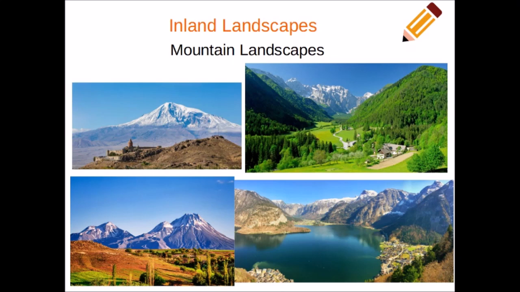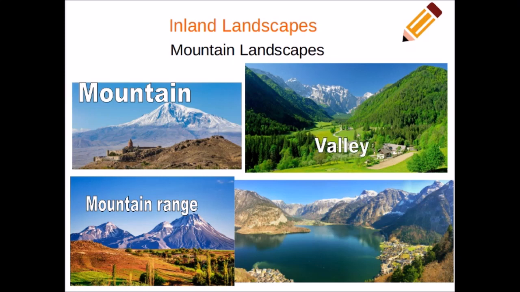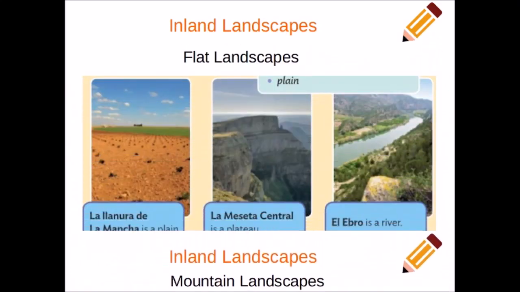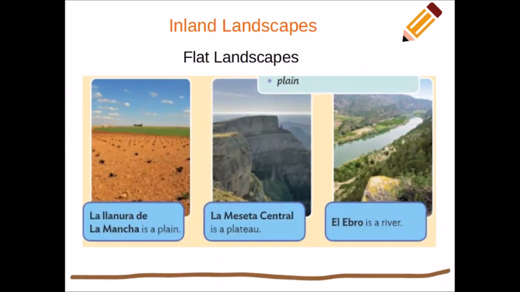Here are some more examples of a mountain range, a valley, and a lake. Let's switch over to flat landscapes. So we have a plain, which is a large area of flat land, a plateau, a large, high, and flat area, and a river.